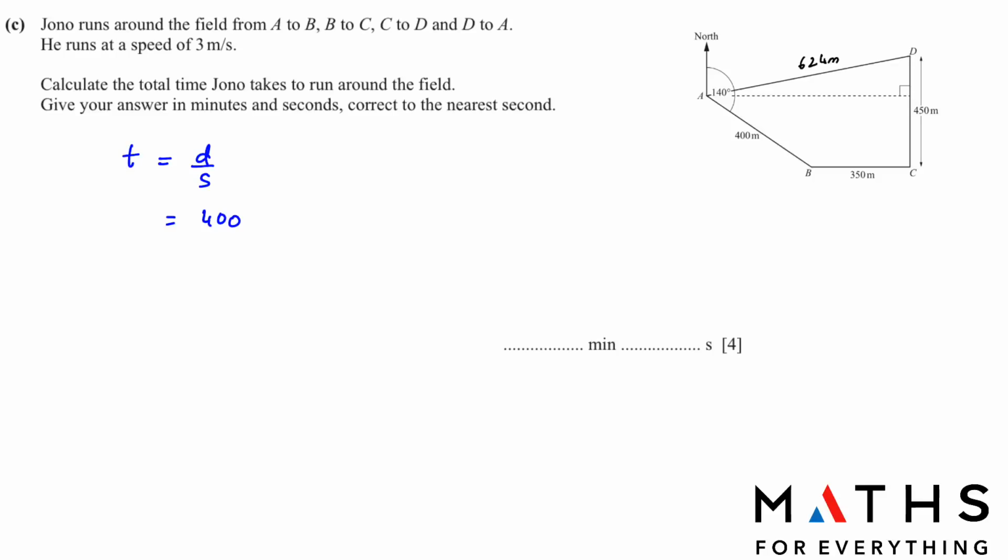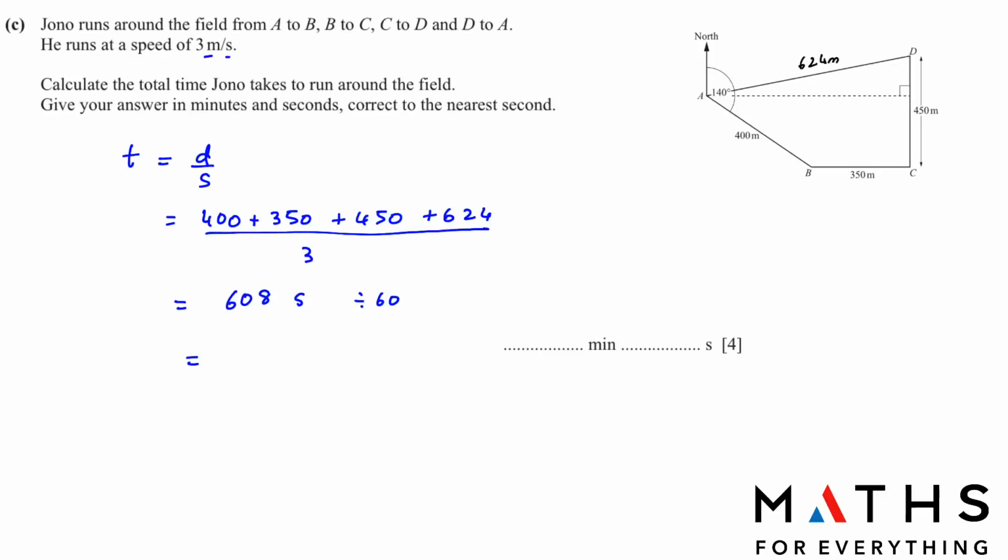It's 400 plus 350 plus 450 plus 624. And speed is 3 meters per second. This will give us 608. Remember, it is meters per second, so this is seconds. So you have to change it into minutes and seconds. Divide your answer by 60.